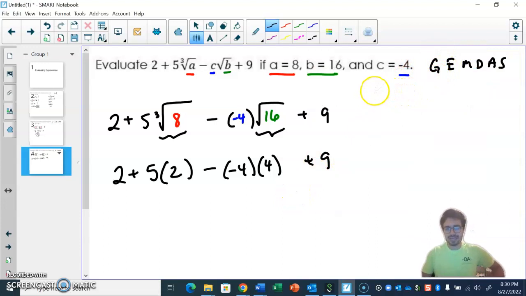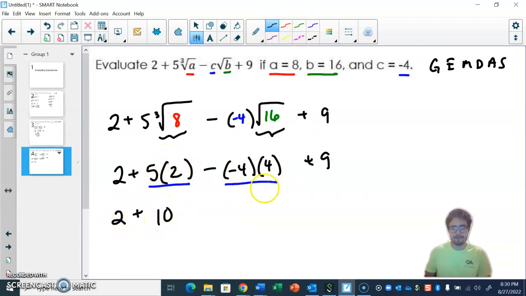No exponents. What's next? We have to do all of our multiplication. We have multiplication right here, and we have multiplication right here. So let's bring everything down. We have 2 plus 5 times 2. That's 10. Minus -4 times 4. That's -16 plus 9.